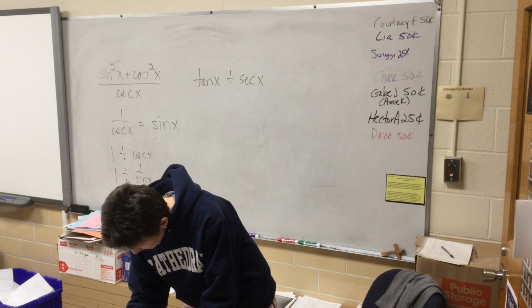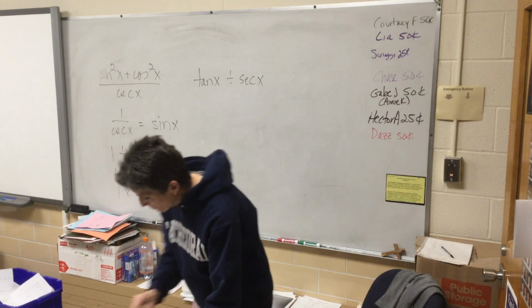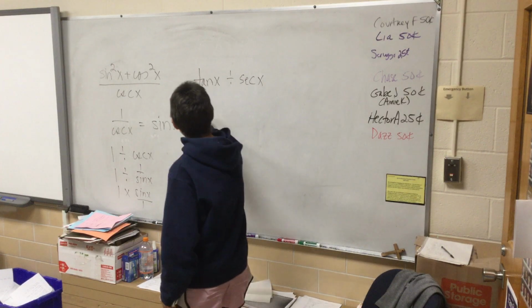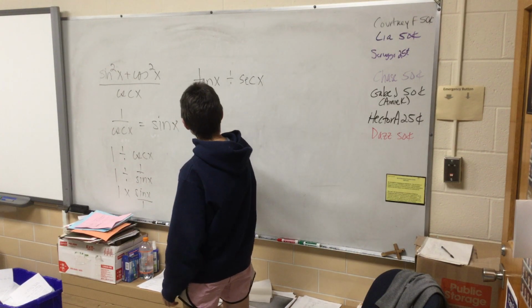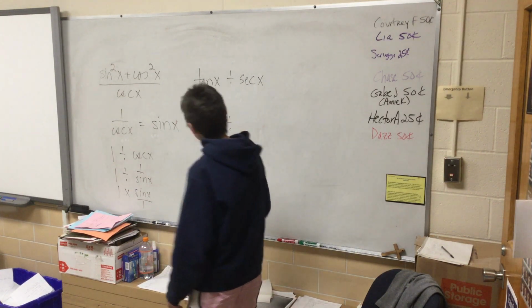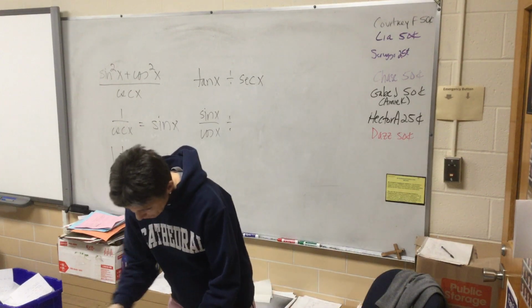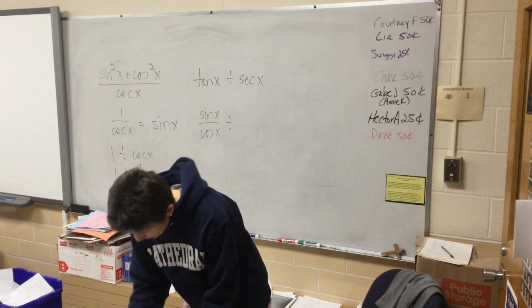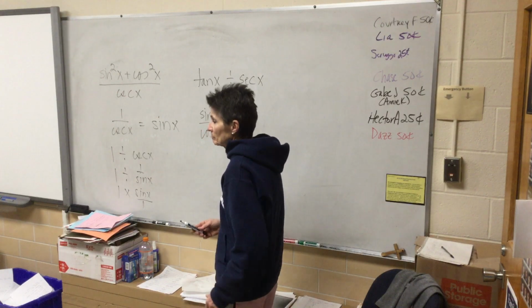Are you gonna put tangent as sine x over cosine? That's exactly what I'm going to do. So sine over cosine, and then that's divided by what? What did you say secant was?